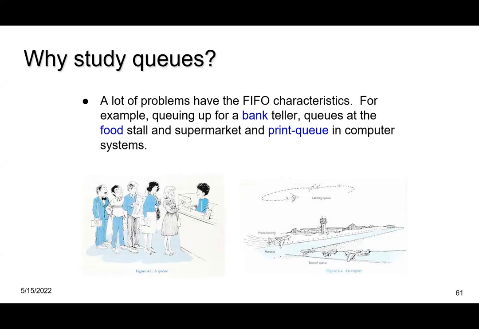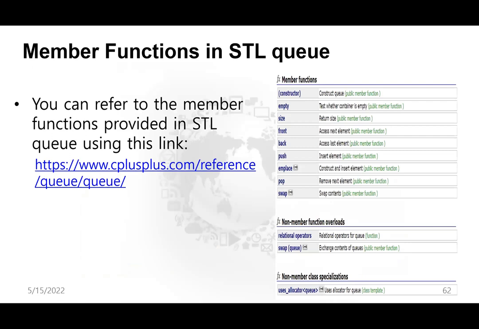So one person can send, and then person two can also send their job or document to be printed. All these jobs will be put in a queue, so that whoever sends first will be printed first. You can also use it, for example, for the landing of airplanes at the airport. They also follow a queue, like who will land first. So you can use a queue to wait for their turn.